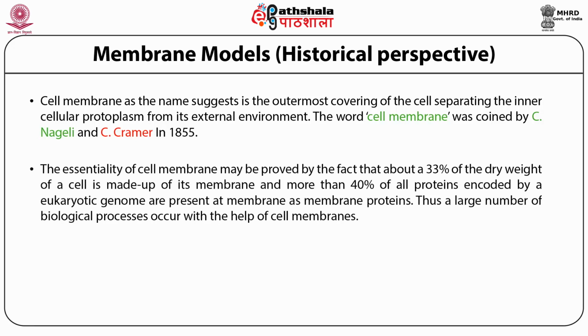The essentiality of cell membrane is shown by the fact that 33% of dry weight of a cell is made up of its membrane, and more than 40% of all proteins encoded by a eukaryotic genome are present at membrane as membrane proteins. Thus, a large number of biological processes occur with the help of cell membrane.